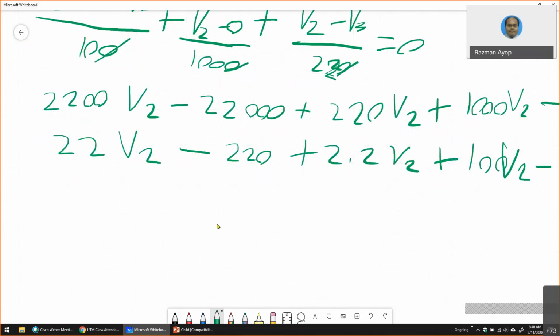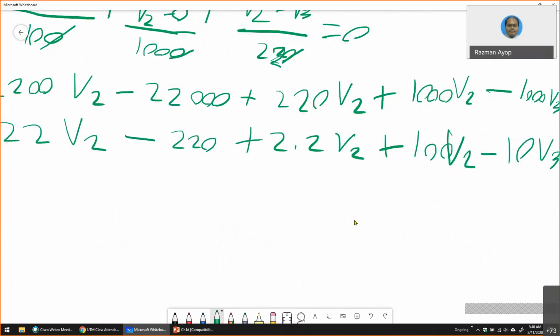Then you have to make sure that it goes to a standard form. So 22 plus 2.2 plus 10, okay. So 22 plus 2.2 plus 10.